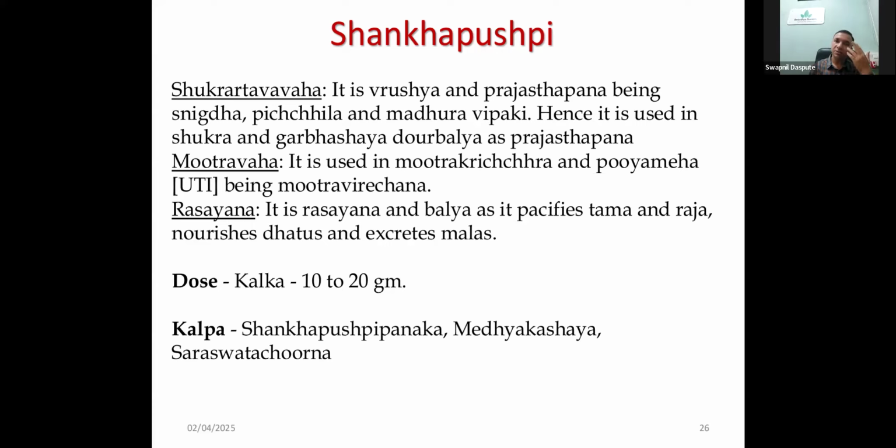So in that case, Shankapushpi when used, it will act on the mind as well as on the Shukra Dhatu. So it will have a dual action in both the cases, abortion or premature ejaculation. The mind of the person is quite disturbed. Even if they don't show, the effect is very intense and strong.